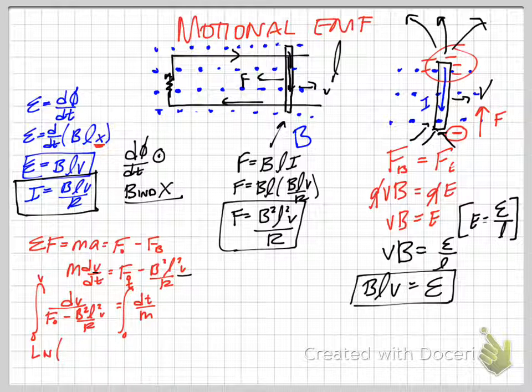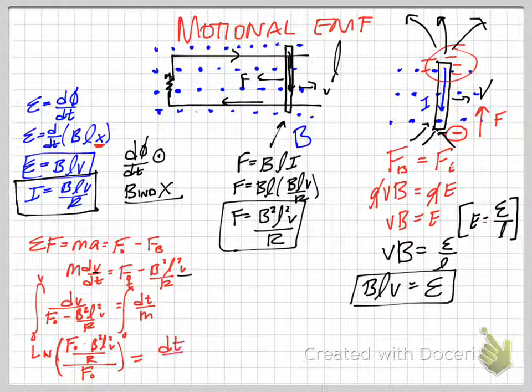We get the natural log of F0 minus B squared L squared v over R, divided by, when that's 0, F0, and that's equal to, well, not dt over m, sorry about that, t over m, but we can't forget that we also have to multiply this by 1 over the integral of all that, negative B squared L squared over R. And so you rearrange things, put e to the other side, and you can get that velocity as a function of time. It's one of the nastier things that you may have to deal with on this test.